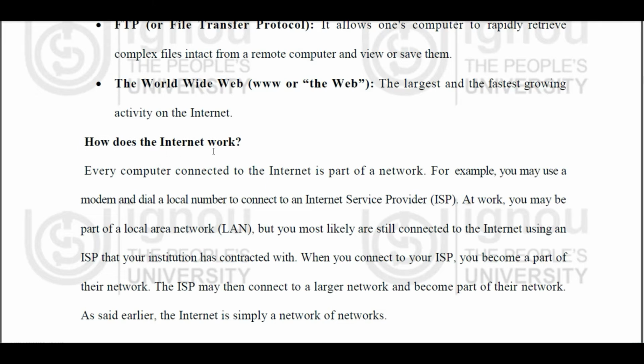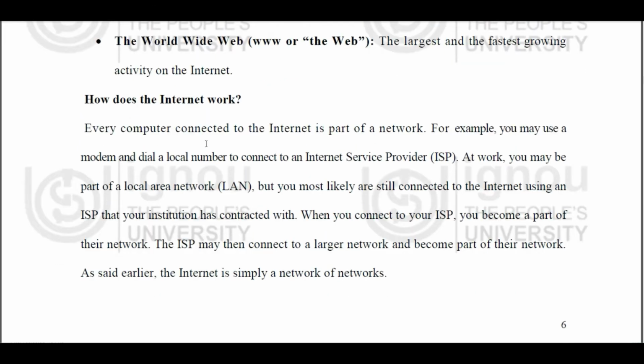How does the internet work? Every computer connected to the internet is part of a network. For example, you may use a modem and dial a local number to connect to an internet service provider. At work, you may be part of a local area network, but you most likely are still connected to the internet using an ISP, internet service provider, that your institution has contracted with.